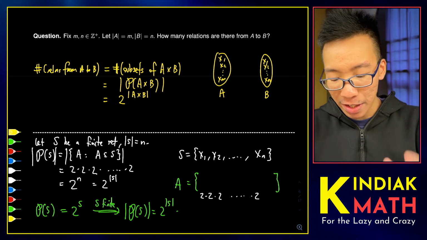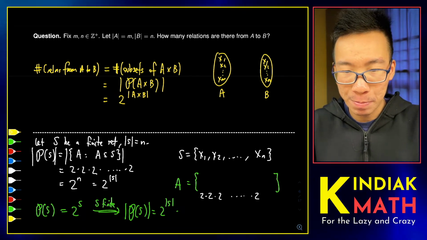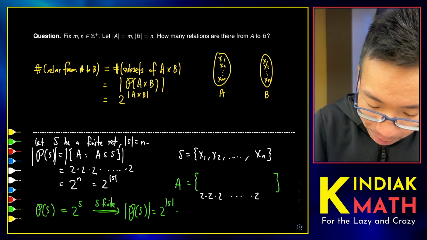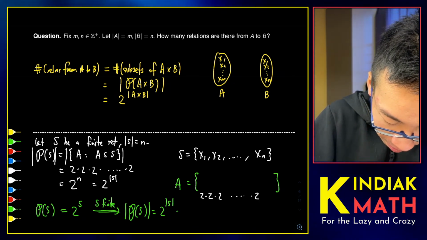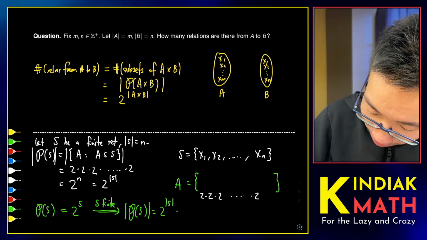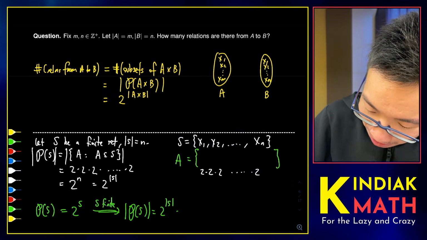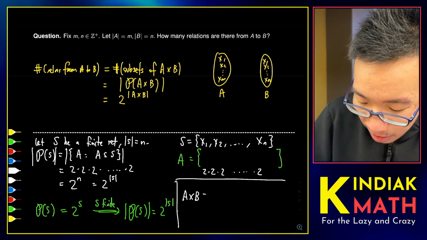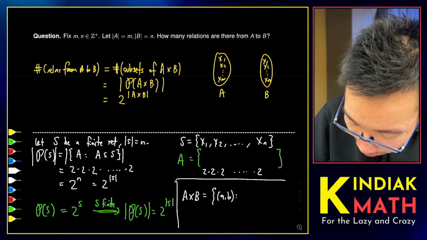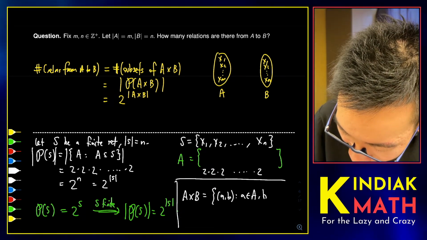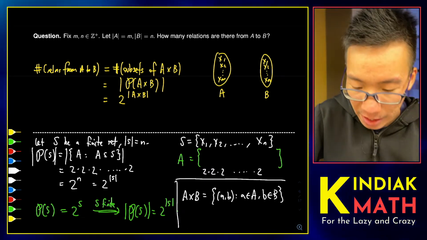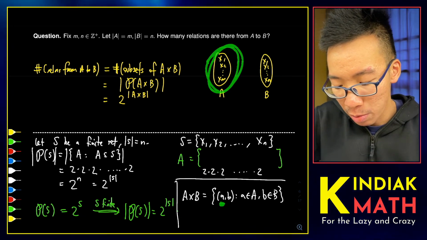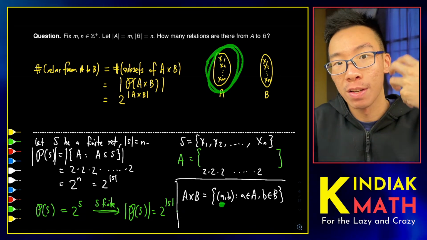Now, how do we calculate the number of items in A cross B? Well, we might need to very quickly recap what we mean by A cross B. A cross B is the collection of ordered pairs (a, b), where a is in A and b is in B. If A has m elements, we have a total of m choices for a.